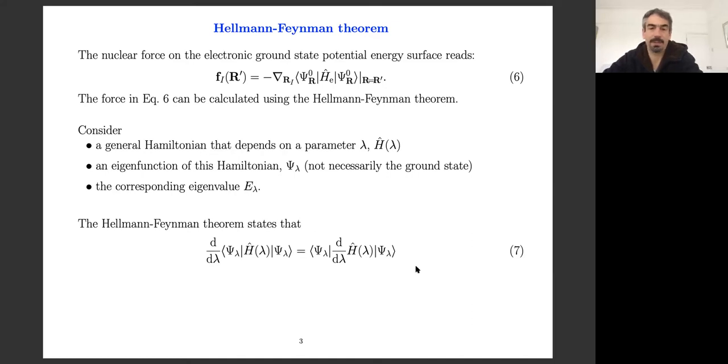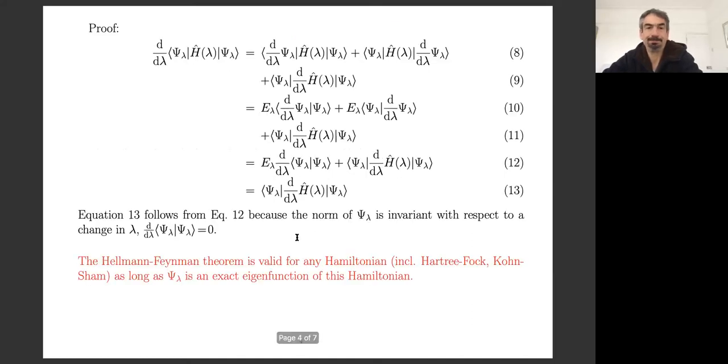So that's a consequence, just a consequence of the fact that the Hamiltonian is actually Hermitian, right? So here's the proof. If you have something like this, then you have to apply the chain rule, right?